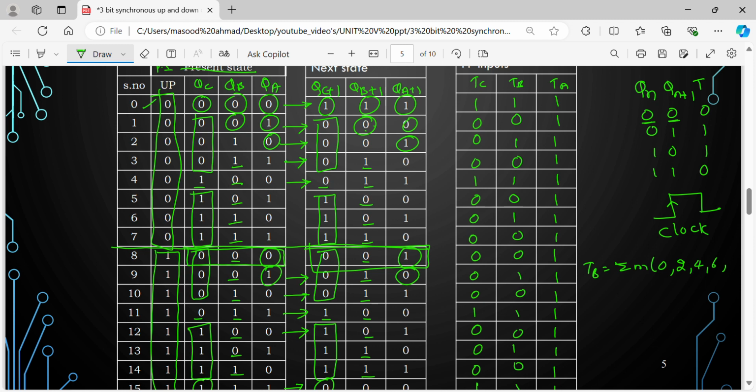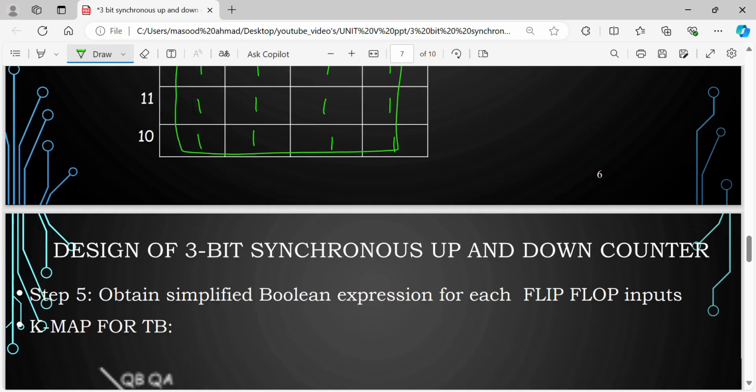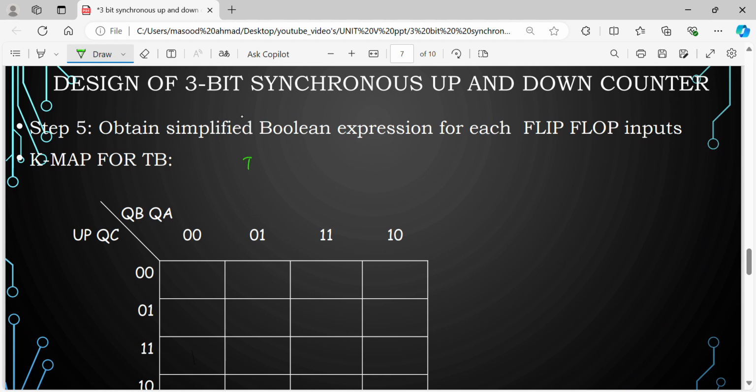So 9, 11, 13, and 15. So total, this is what exactly TB. So 0, 2, 4, 6, 9, 11, 13, 15. So TB is nothing but sigma m 0, 2, 4, 6, 9, 11, 13, 15.